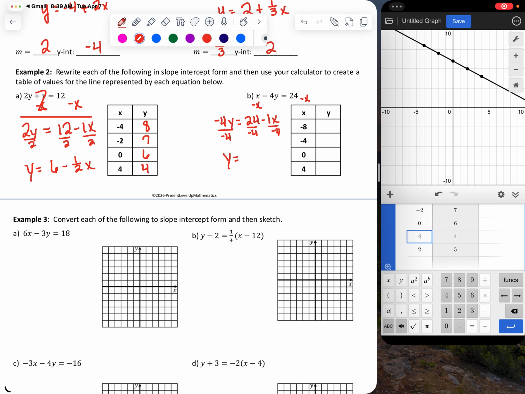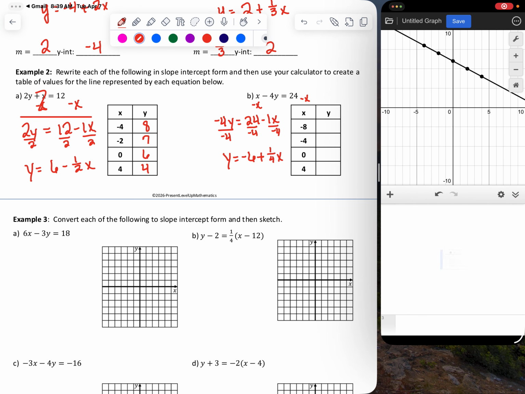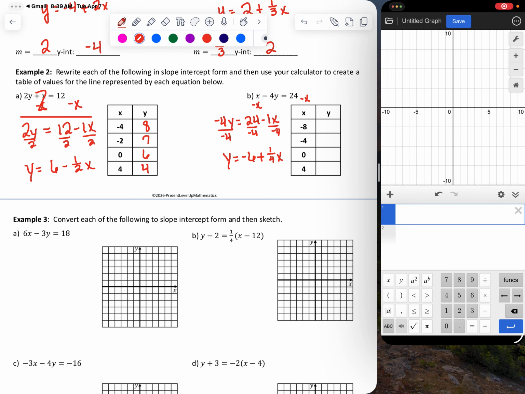And when I do that, I get -6. Now be very careful here. You have a -1 divided by a -4. And a negative divided by a negative gives me positive 1/4 x.